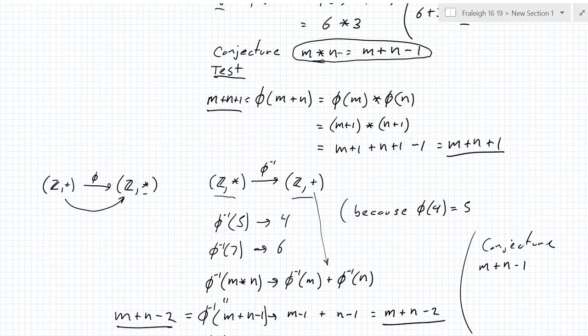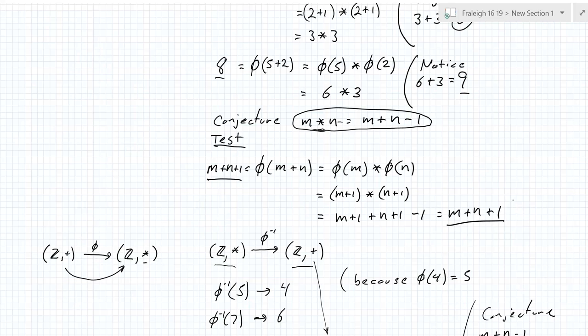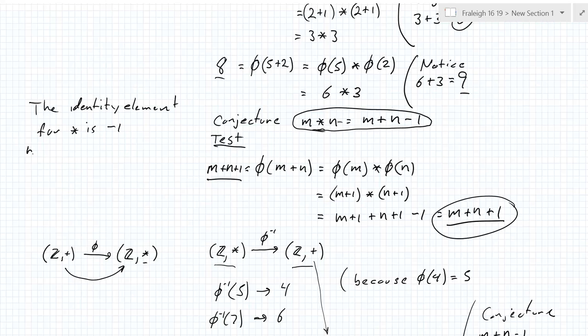And if you watch the first video, you can see that for part A of 16, the identity element for star, remember it's defined differently in part A than it is in part B, is minus 1, and that's because m star minus 1 is by definition m plus minus 1 plus 1, which is equal to m.